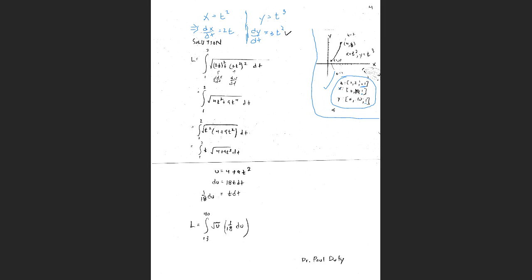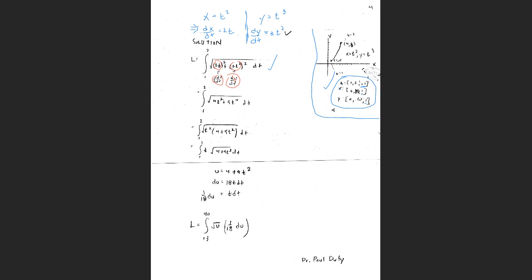This is how you get the 2t, that's dx dt, and the 3t squared is dy dt. You're going to square each of them and add them. That goes under the square root sign, and so this is the integral that you need to find.